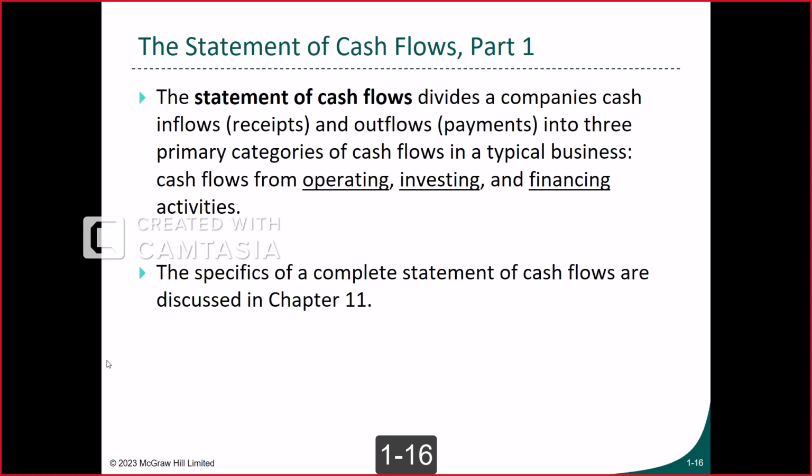Now, the statement of cash flows is another statement that describes the performance of a company in terms of ability to generate cash, their capacity to generate cash. Because you may be very successful on generating value, revenues much higher than expenses.